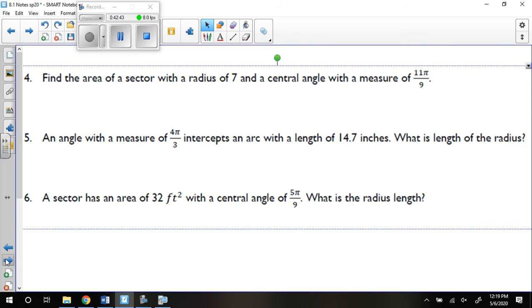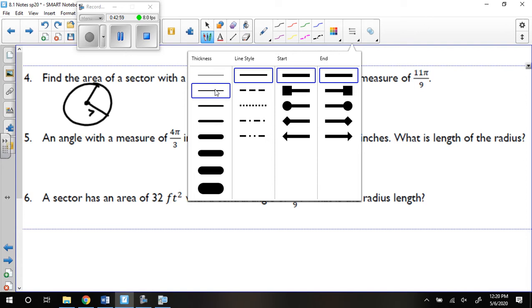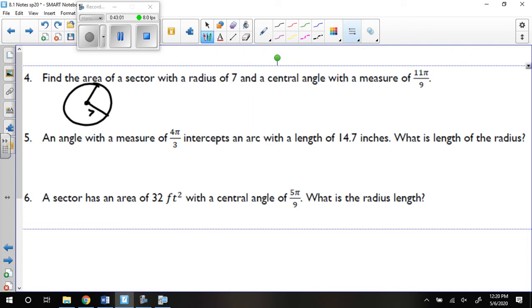Number 4, find the area of a sector. Let me draw my picture here. Radius of 7 and central angle of 11 pi over 9. So our angle here is 11 pi over 9.